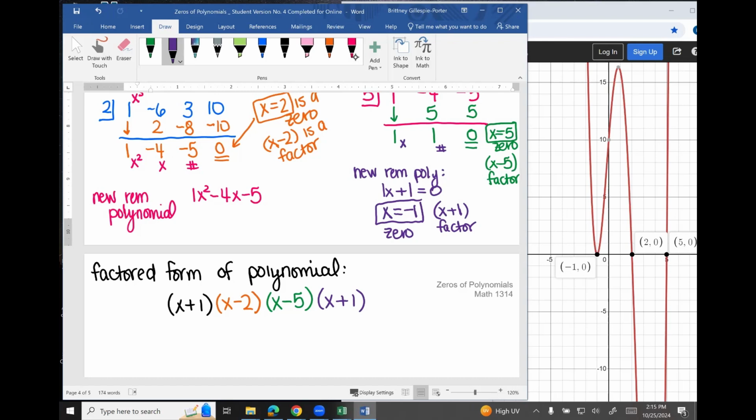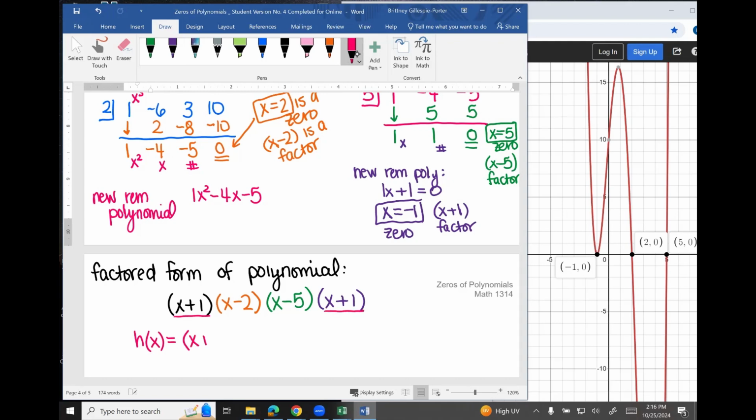You could technically leave your function like this, but we can make this a little bit nicer. And I can't call it p of x because the original one was h of x. I'm not going to change the guy's name. Notice that we have x plus 1 showing up twice.